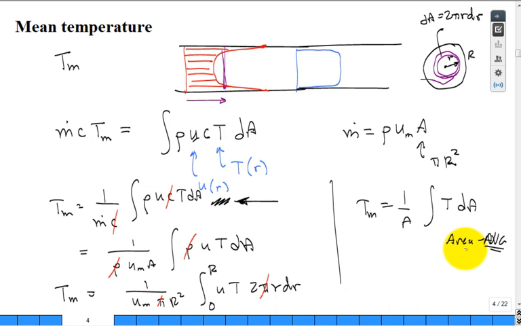But as soon as I multiply area by this mean velocity, what is that? It's not an area, it's an area times velocity, which is a volumetric flow rate. And then somebody says, well, hold it, didn't you have rho in there one time? Yeah, well, what is rho times U mean times area? A mass flow rate.